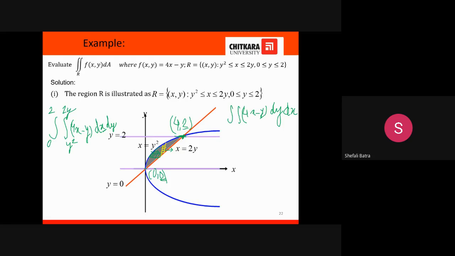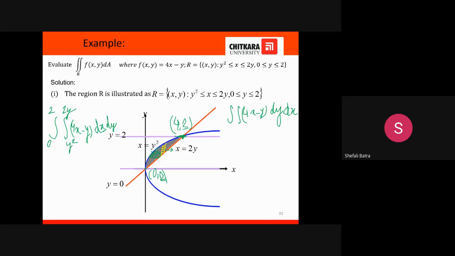Yes, try it, beta. What will be the lower limit of y and what will be the upper limit of y? Ma'am, under root x and x by 2. Under root x and x by 2. Very good, beta.